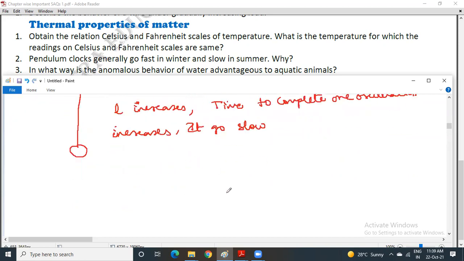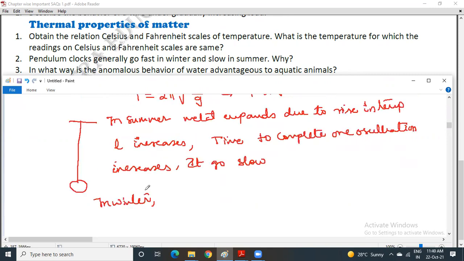Whereas in winter, the metal contracts, because the pendulum is made up of metal wire, due to decrease in temperature. So length decreases.